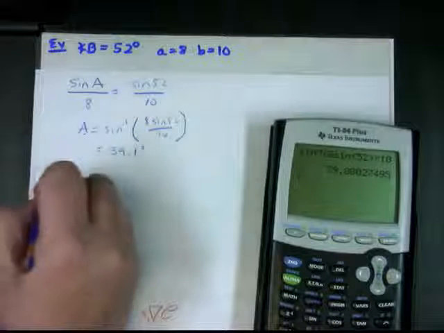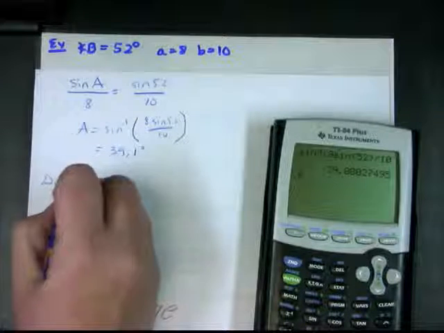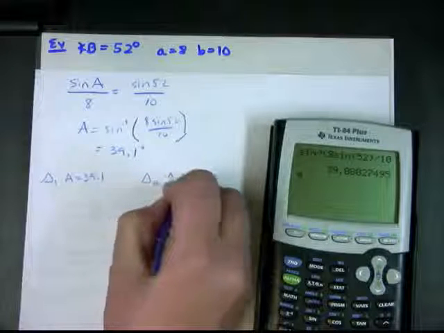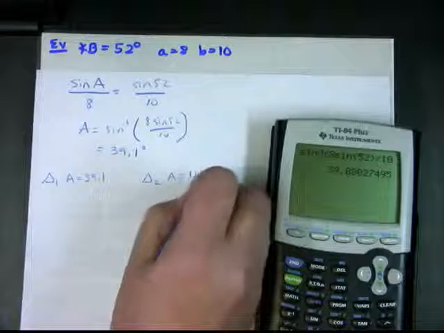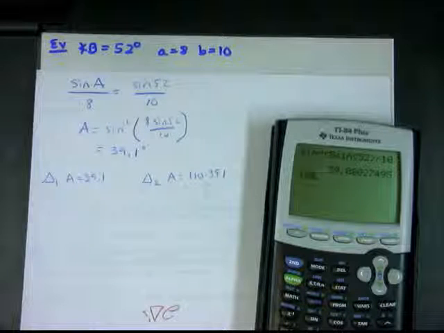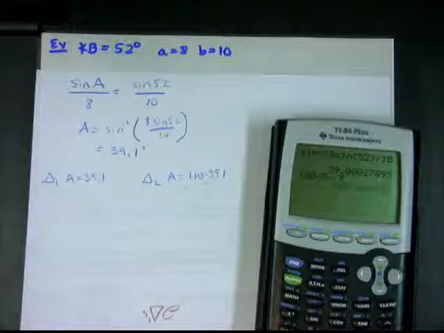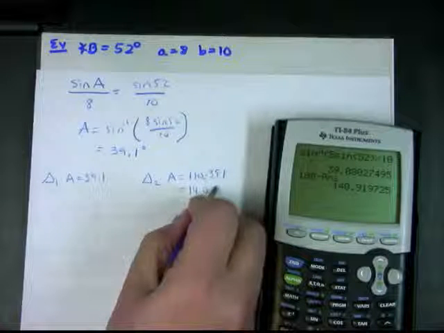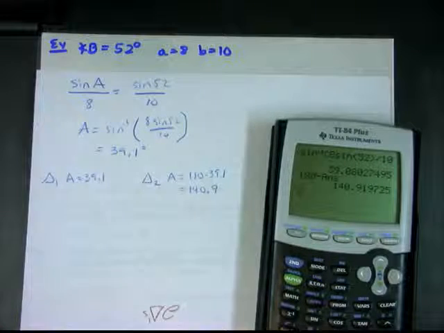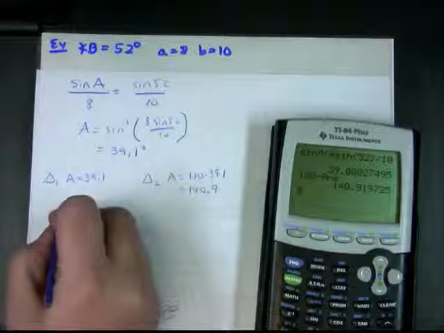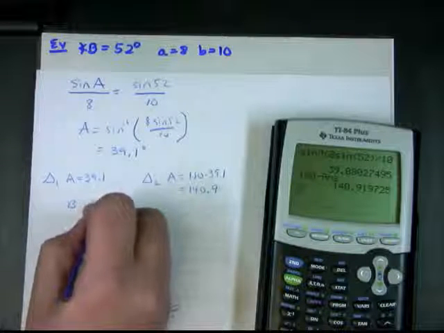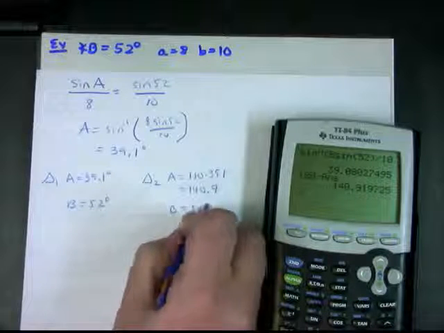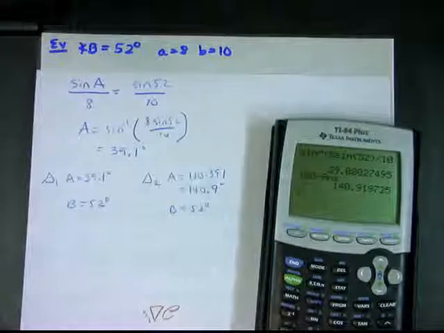Now, triangle 1 has angle A at 39.1. Triangle 2 will have A at 180 minus 39.1, so that's 140.9. Triangle 1 has angle B at 52 degrees. Triangle 2 has angle B at 52 degrees too, because that's given, so it has to be true.